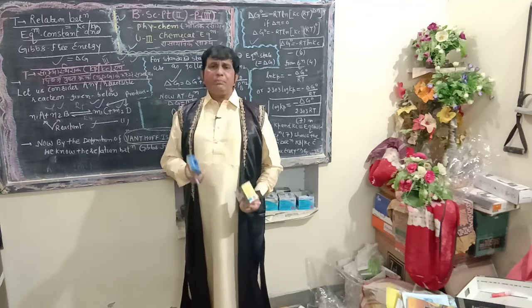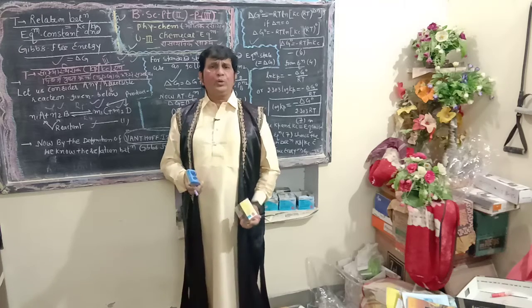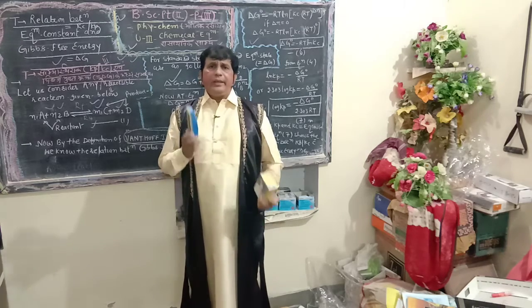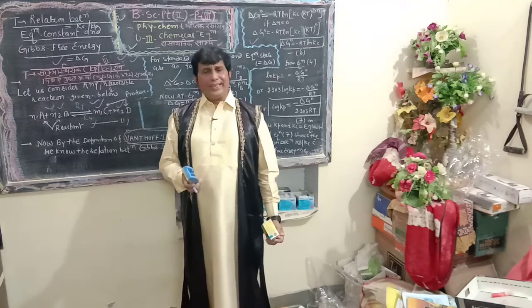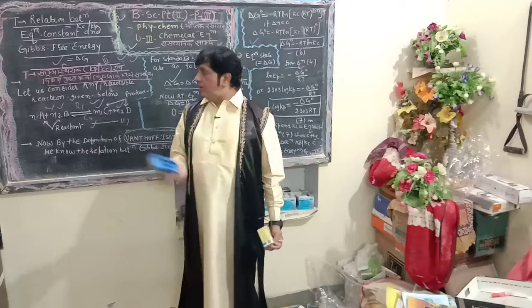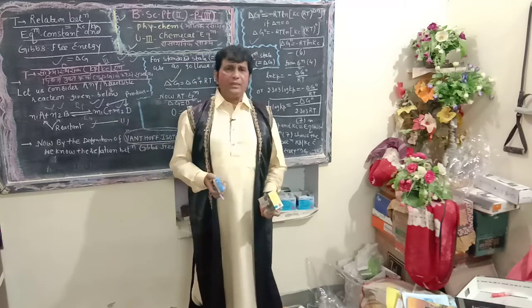Dear students, in BSc Part 1 you also studied the kinetic theory of gases. In the fundamental postulates of the kinetic theory of gases, the concentration of gases one can express in terms of partial pressure.